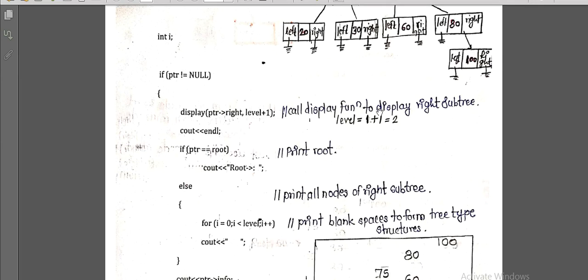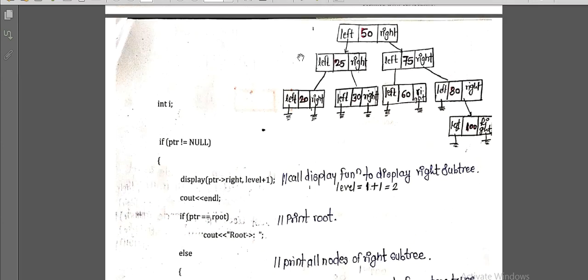We call the display function to display the right subtree, and the level becomes level plus 1, meaning the parameter we are passing here is 1 plus 1, that is 2. Whatever elements are present at level number 2 need to be displayed.